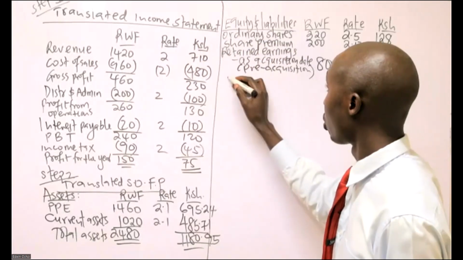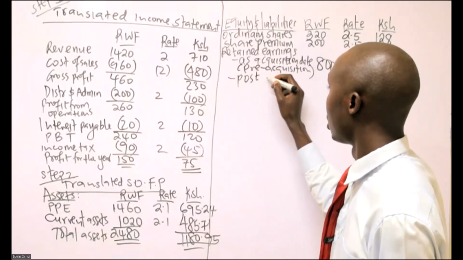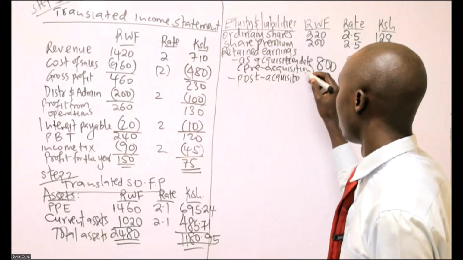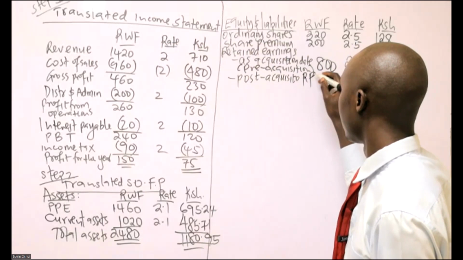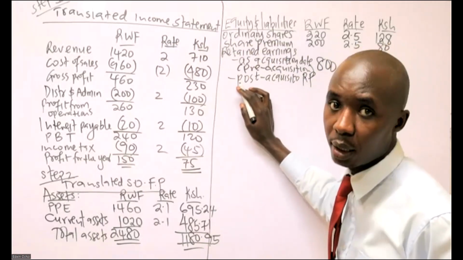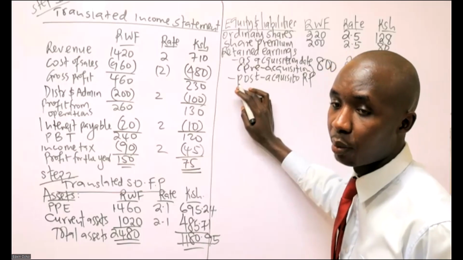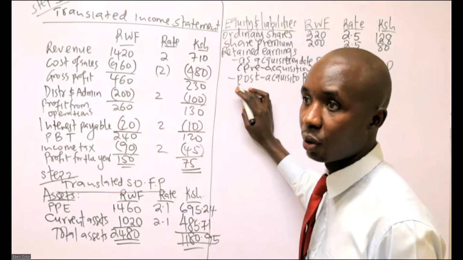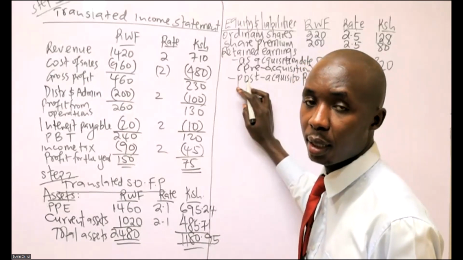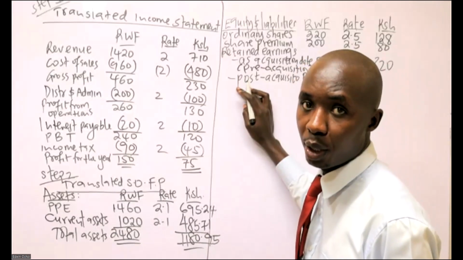And then you talk about post-acquisition retained profit. So for you to get the post-acquisition, you take the balance carried down minus that balance which was there as at acquisition. So the balance carried down is the balance as at the time we are preparing the balance sheet.